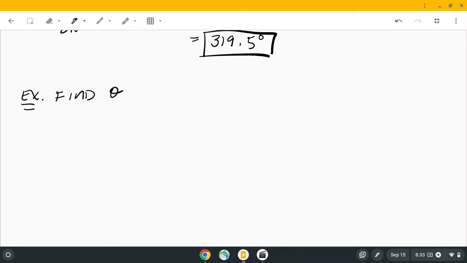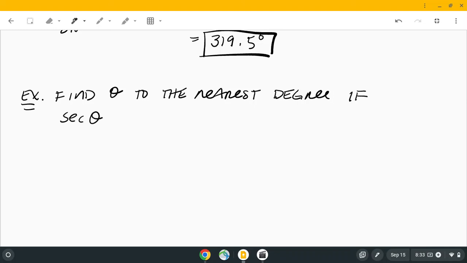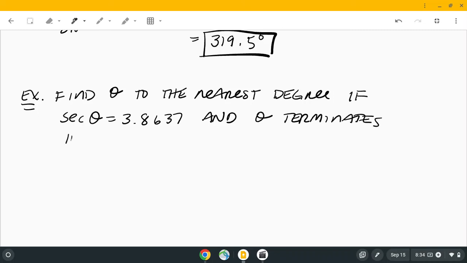Find theta to the nearest degree if secant theta equals 3.8637, and we need to know the quadrant, right? So, theta terminates in quadrant 4.